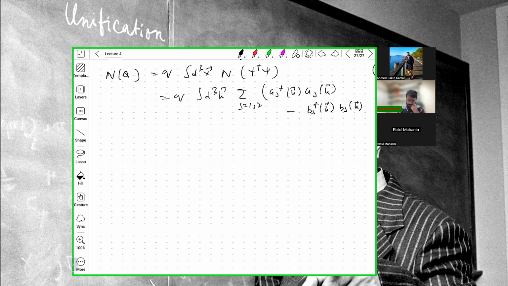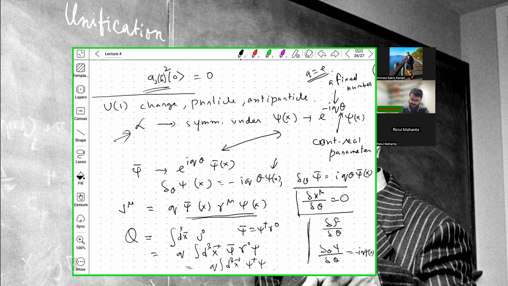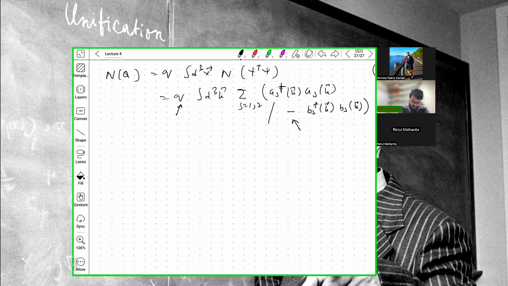this. Therefore, you can see that the A modes, particles created by A dagger, have positive charge. The others contribute with a negative charge, and that's why we call it a U(1) charge. Why U(1)? Because this type of symmetry, e to the power i q theta, belongs to the U(1) group.